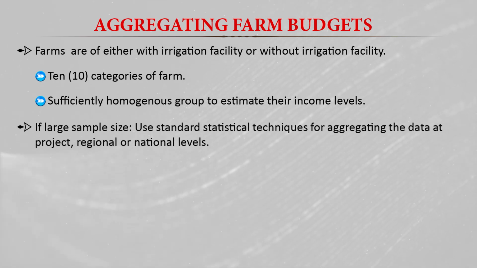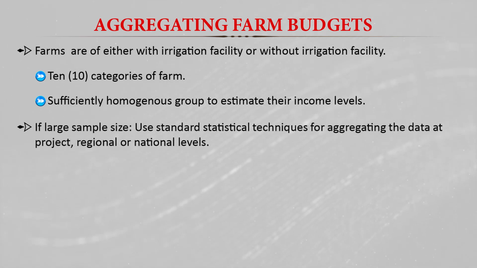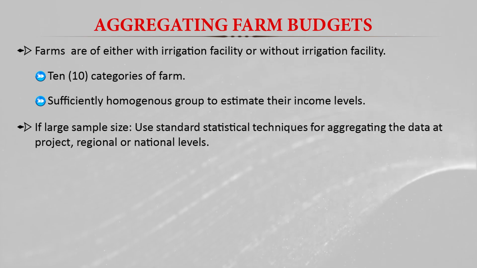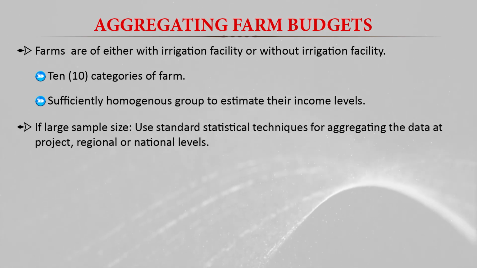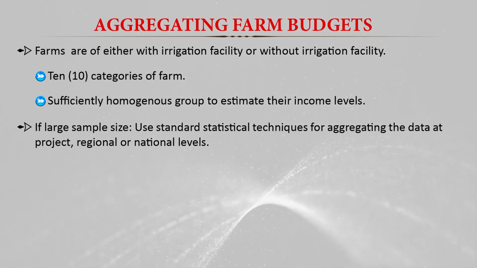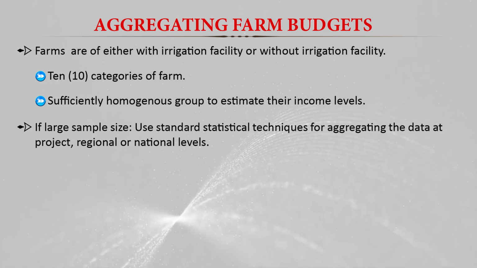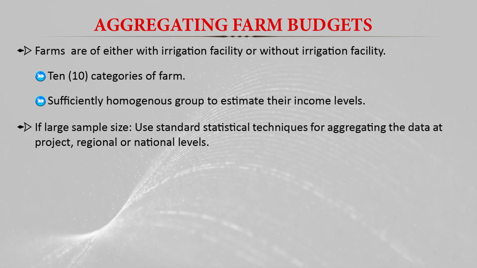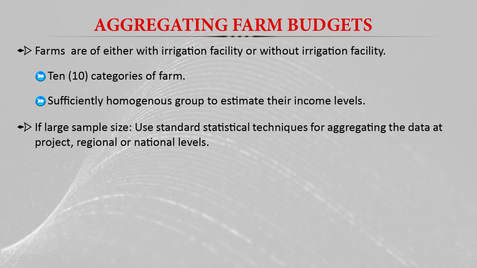If there is a large sample size, with numbers in the lakhs, we can use the standard statistical techniques for aggregating the data at the project level, regional level or national level.